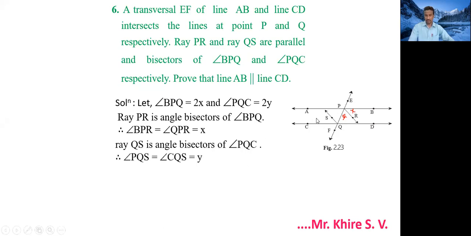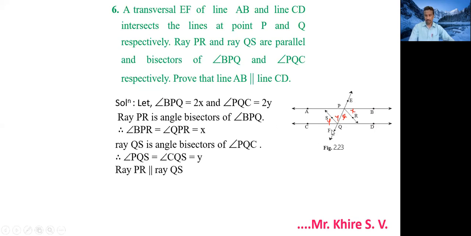Therefore, we can write angle PQS is equal to angle CQS, which is equal to, suppose, y. Y plus y is 2y and x plus x is 2x.